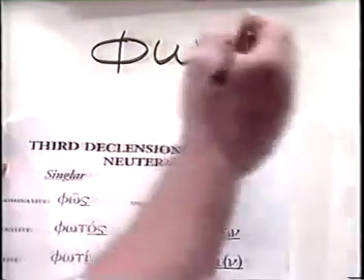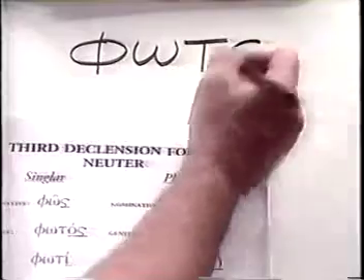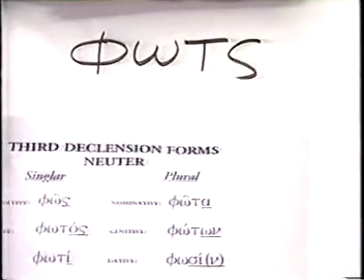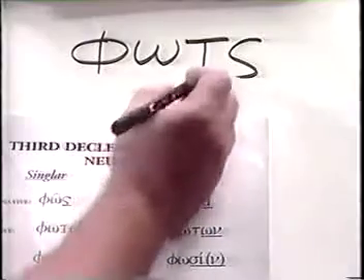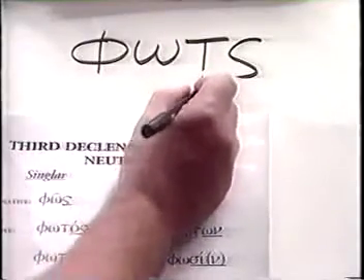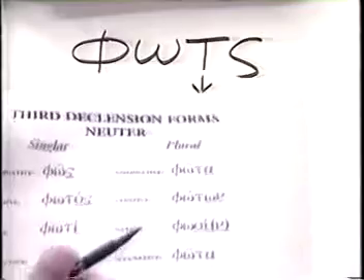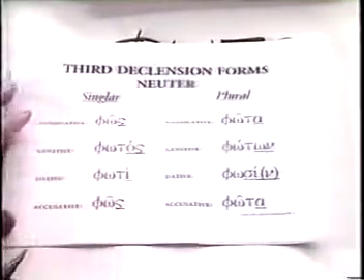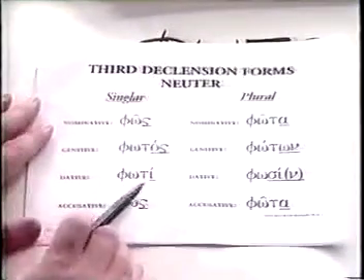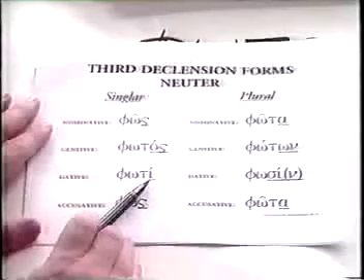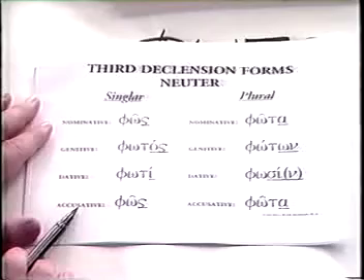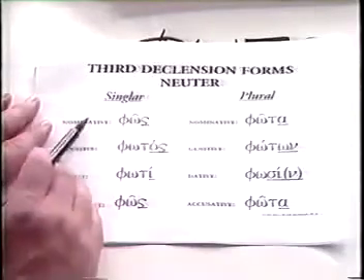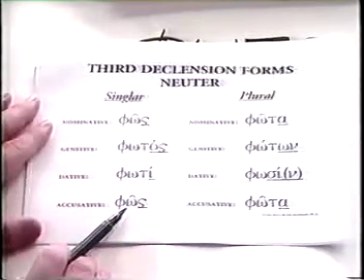What would happen if we added a sigma for the singular nominative? Well, the dental tau followed by sigma will do what? It elides, right. So you're left with the word phos. The singular dative would be photi with an iota on the end. And the accusative, since this is neuter, is just like the nominative, the word phos.